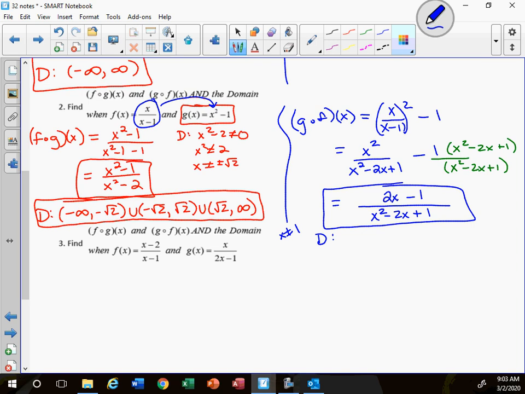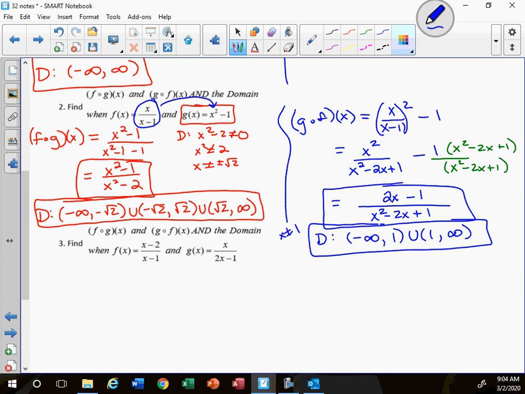Okay, so that's your only restriction. So you just have to say negative infinity to 1, 1 to infinity. There will definitely be times where you start with an original restriction and then it changes by the time you get to your answer. So they both play into your domain. Okay? We okay so far?